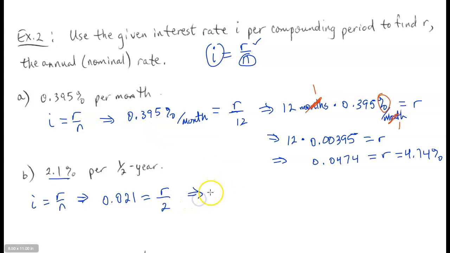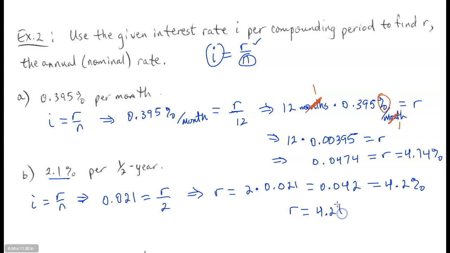And so now all we have to do is just say R is 2 times 0.021. And that is going to be equal to 0.042, which is essentially just 4.2%. So our annual, aka nominal interest rate, is just going to be 4.2%.